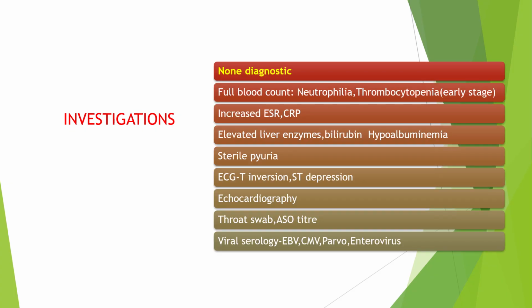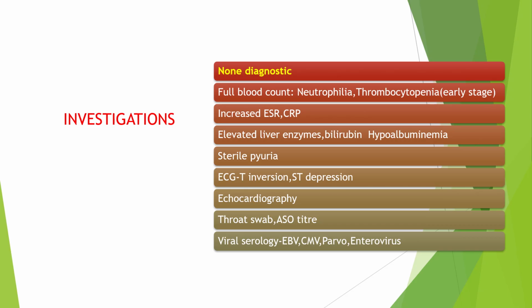What investigations will you do in such a case? Unfortunately, there is no diagnostic investigation, but definitely you have to do a full blood count, which will show neutrophilia, and thrombocytopenia in the early stages. Late stages will show thrombocytosis.